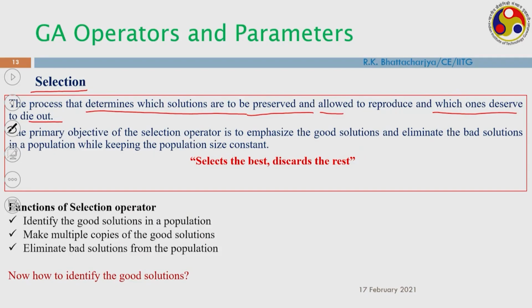The basic idea is: select the best, discard the rest. It will select the better solutions and discard the worse or inferior solutions. The function of this operator has three parts. First, identify the good solutions in a population.